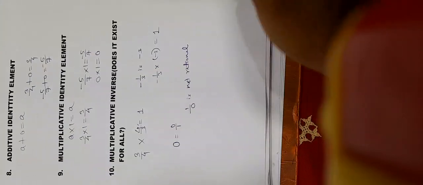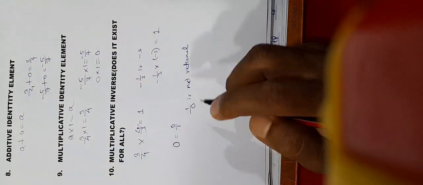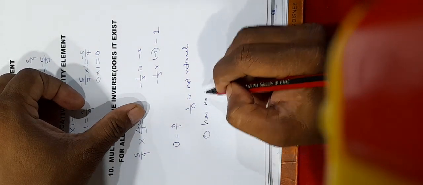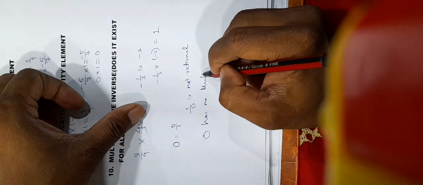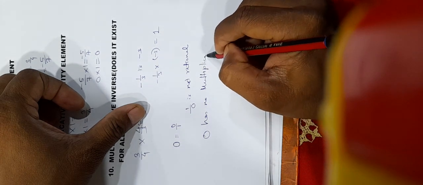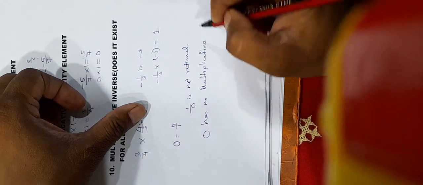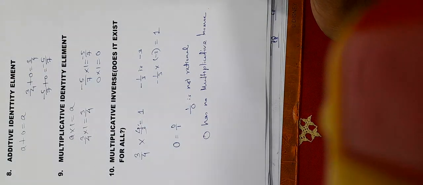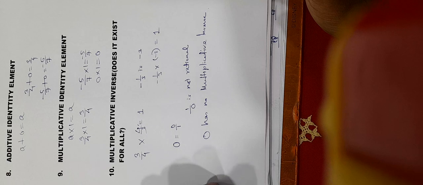So 0 does not have multiplicative inverse. Zero has no multiplicative inverse. Right.